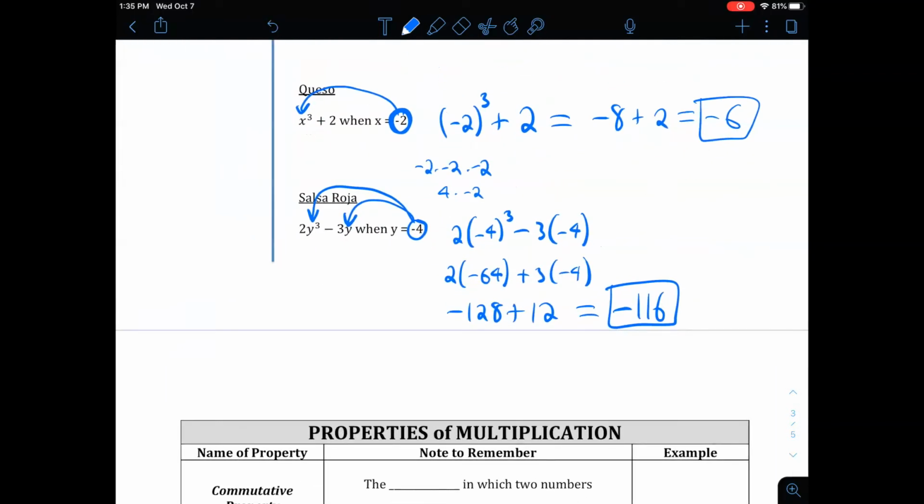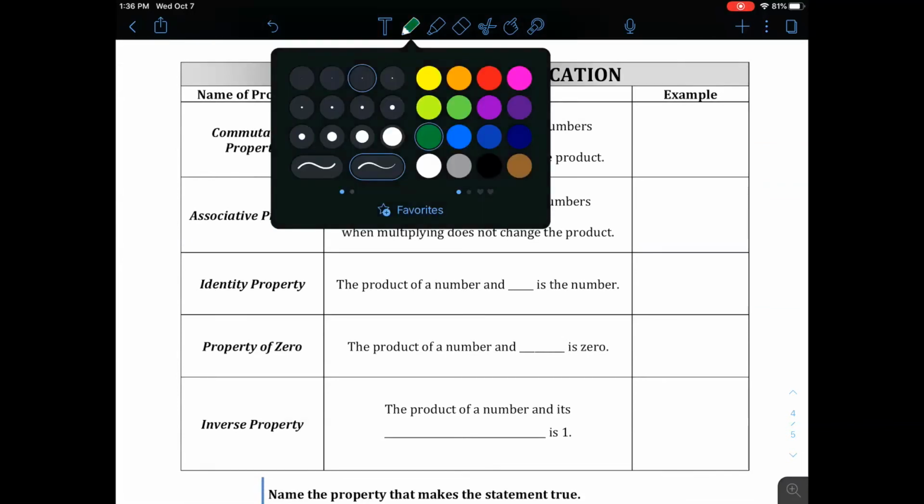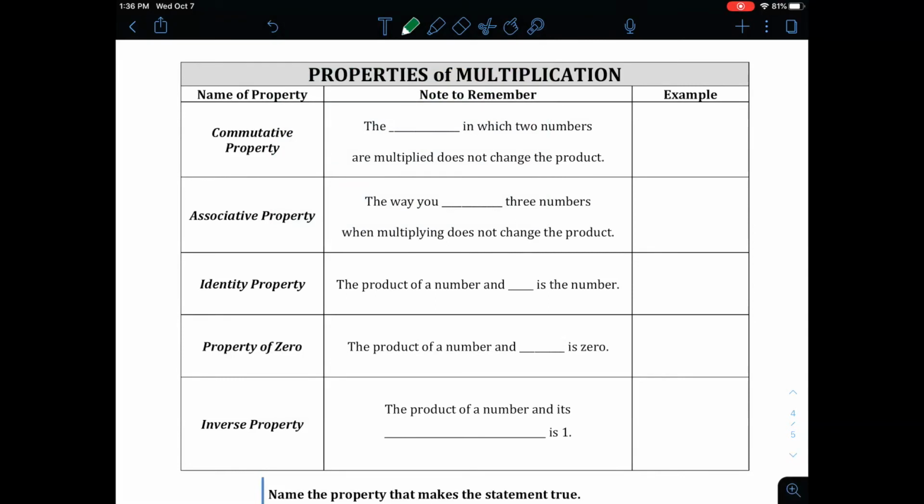All right, last thing we're going to talk about today. This is all exponents and multiplication of real numbers, what we're working with today. Last thing we're going to talk about are the properties of multiplication. Remember we had the commutative property, associative property, identity property, and inverse property before. But now we're working with multiplication. What word did we associate with commutative property before?